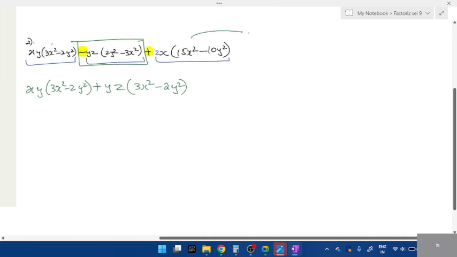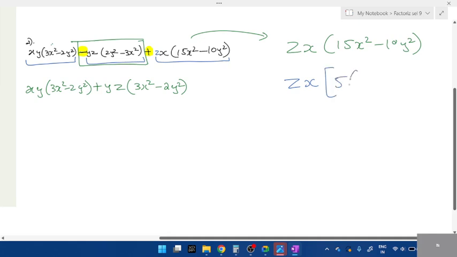Okay, look at this part, students. zx, 15x square minus 10y square. Is anything common to 15 and 10? Yeah, keep zx as it is. Look here. What is common to 15 and 10? 5.